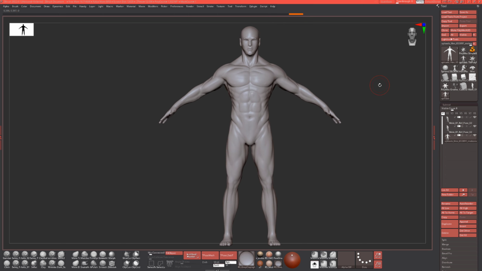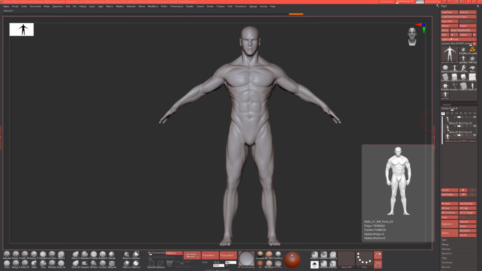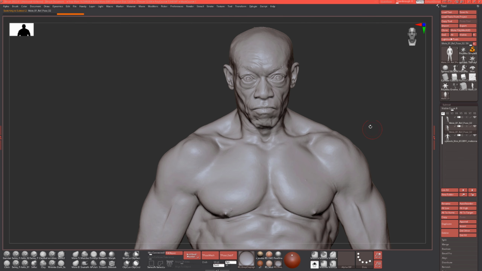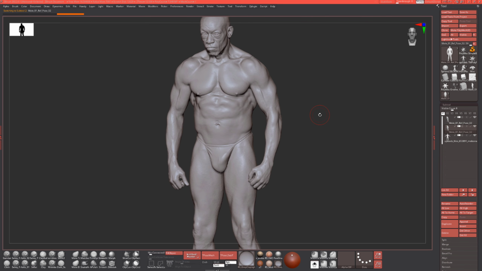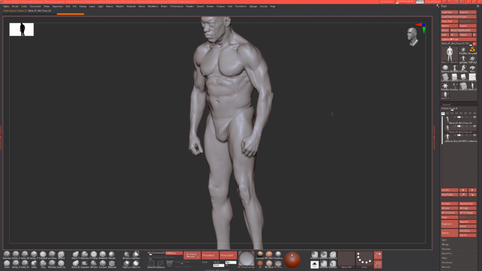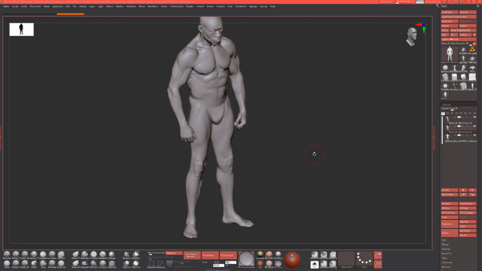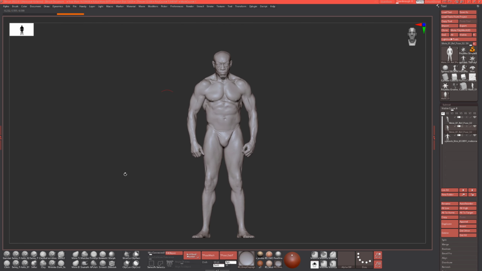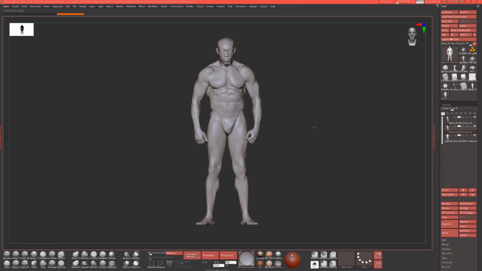If we look at a 3D scan, if we look at a real person, and he's very grumpy, but this is a very, very good example of the structure and the musculature, right? Obviously the first thing that stands out is the mastery.